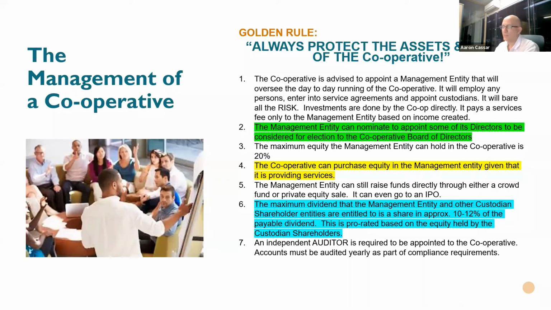So the management entity can nominate a number of people for the board of directors, but ideally members of the board of directors should be sitting on other organizations or companies that are providing services to the co-op.